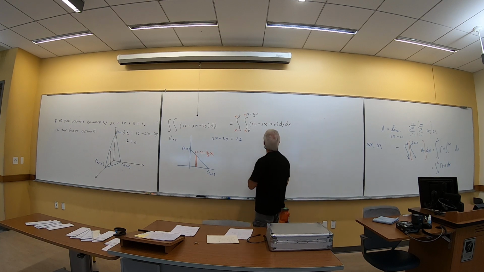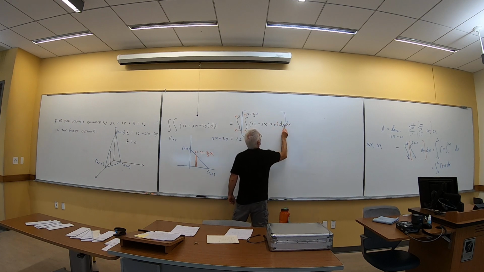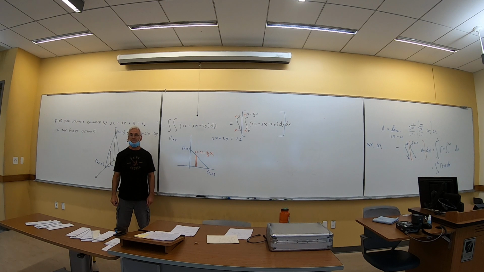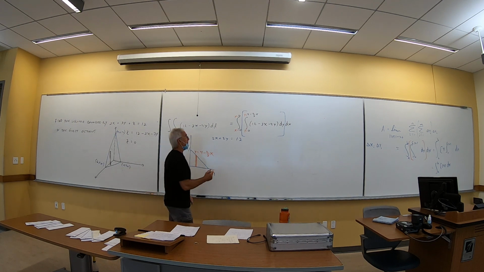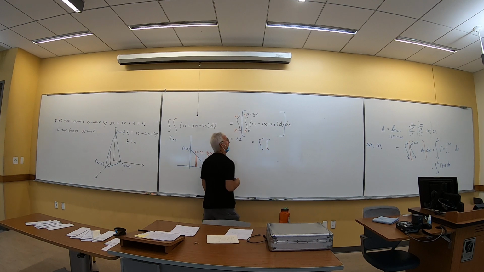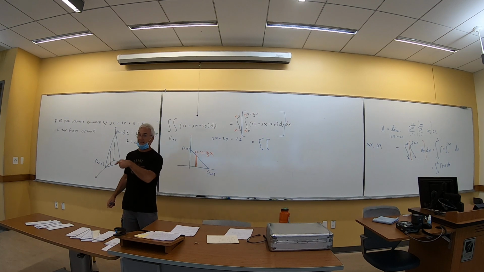So my first integration, and I'm going to mentally put brackets there, that's your first integration, is the inside. You don't have to put brackets, but this will equal the integral from 0 to 6 of now the antiderivative. Because I'm integrating with respect to y, it's not going to be the same thing as with respect to x.